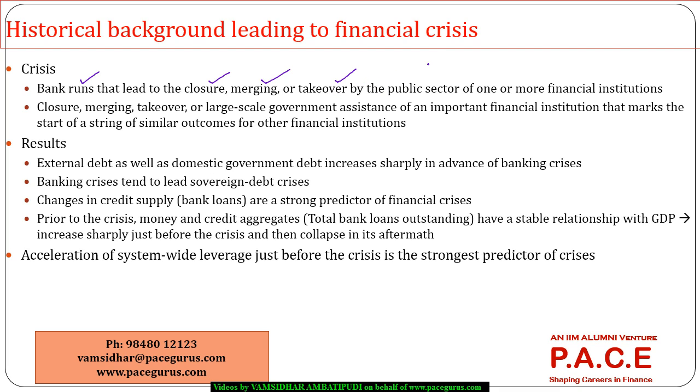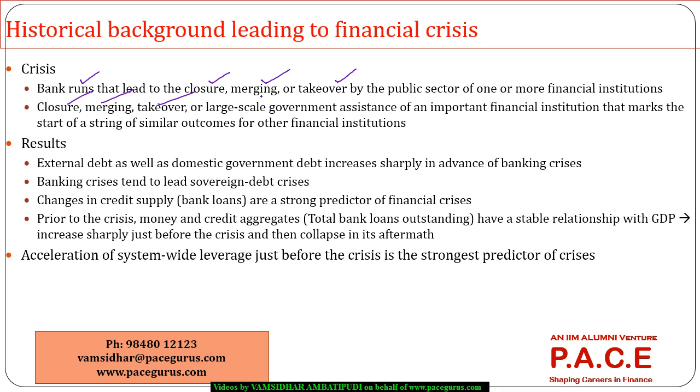We could see even the biggest of the biggest investment banking firms getting taken over. So we have seen all such things happening in the global market during the crisis.